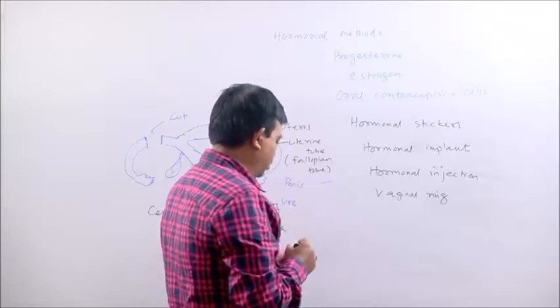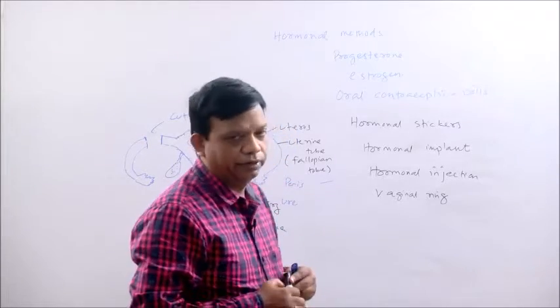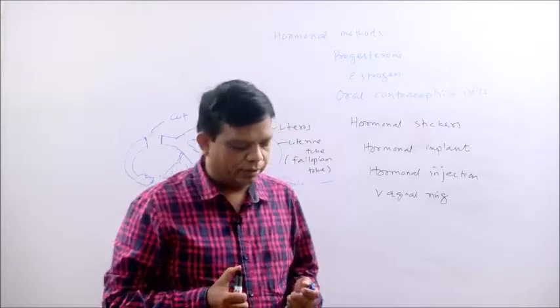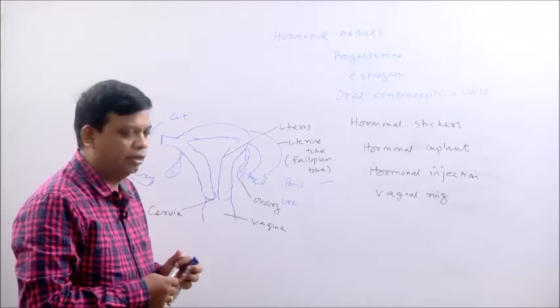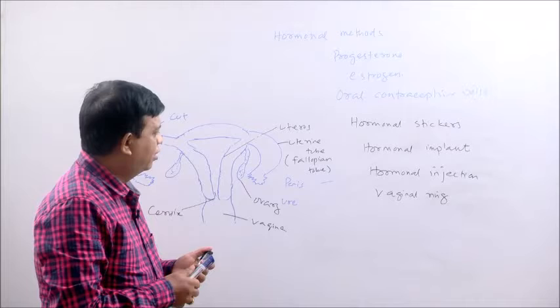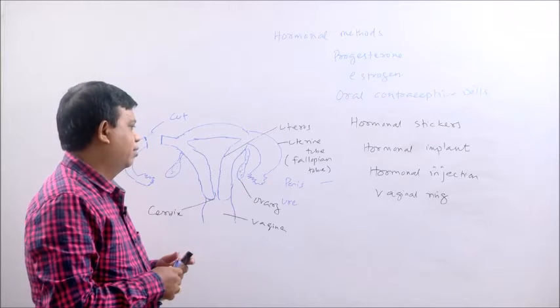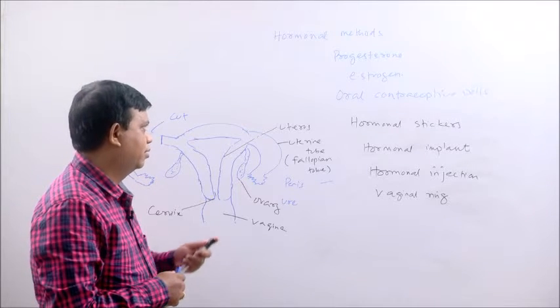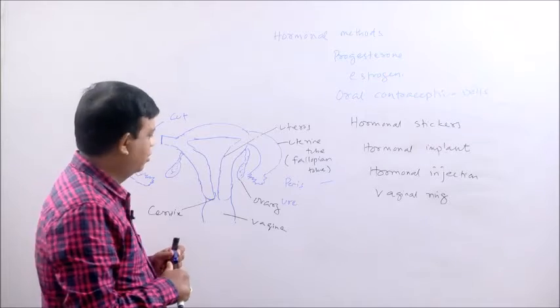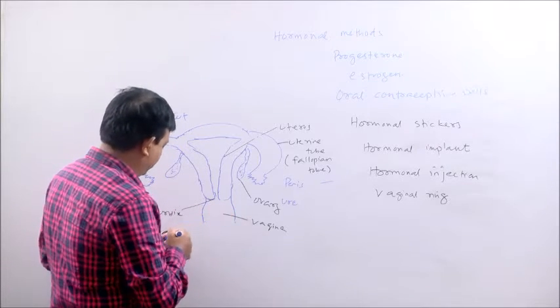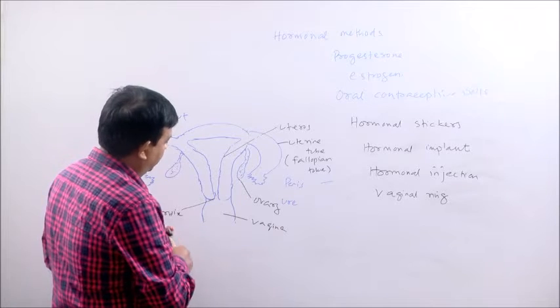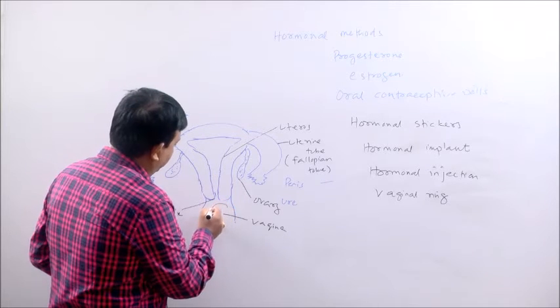Then hormonal vaginal ring. Hormonal vaginal ring is a small flexible ring which contains the 2 hormones. It is placed in the vagina. You can see here the diagram. The woman can place it in the vagina.